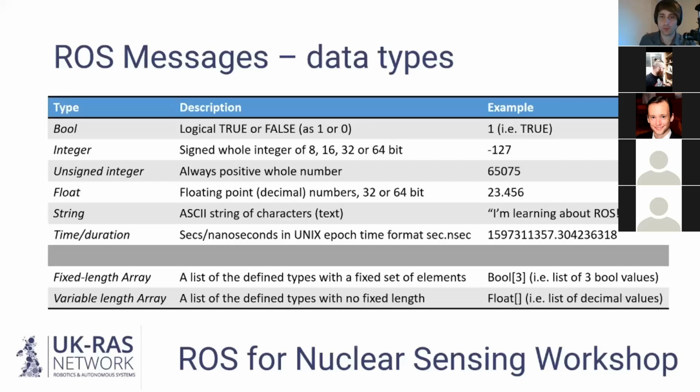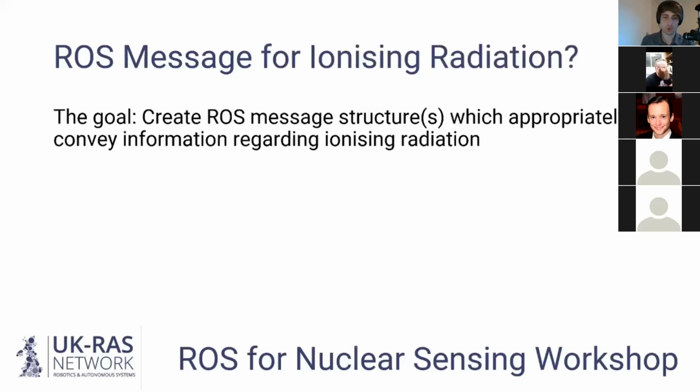Right. So really what we're here today to do, the aim, is to try and define some ROS messages which will allow us to easily integrate and change radiation sensors.